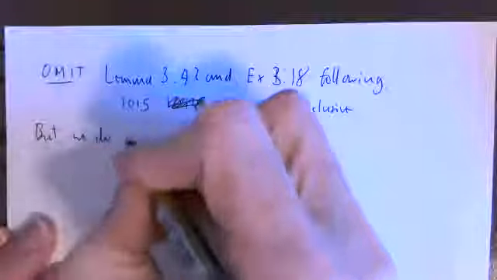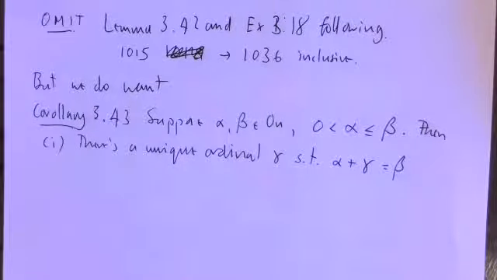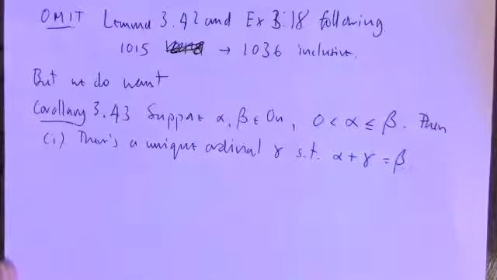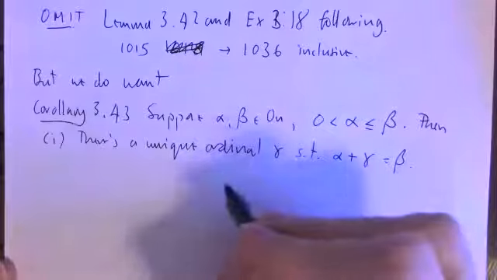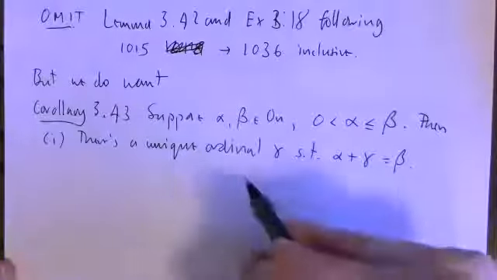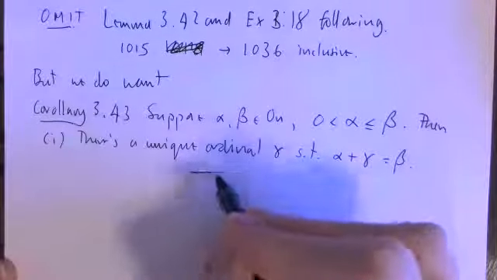So let's take them in order. There's a unique ordinal gamma, so that alpha plus gamma equals beta. So this should be kind of intuitive after a while.